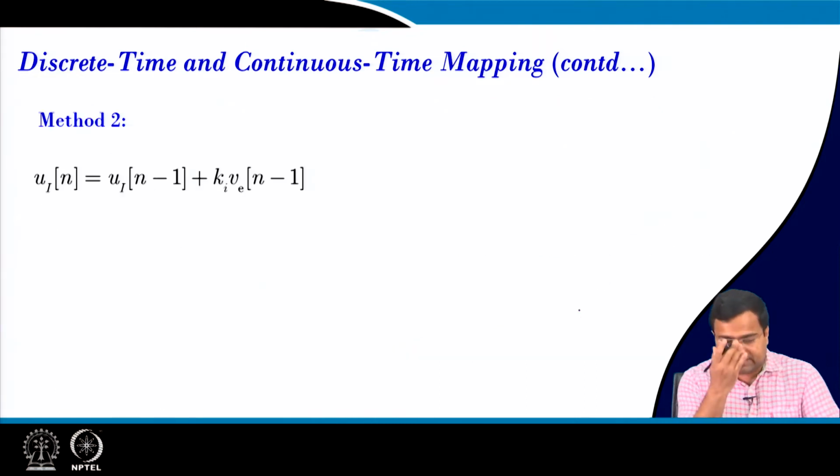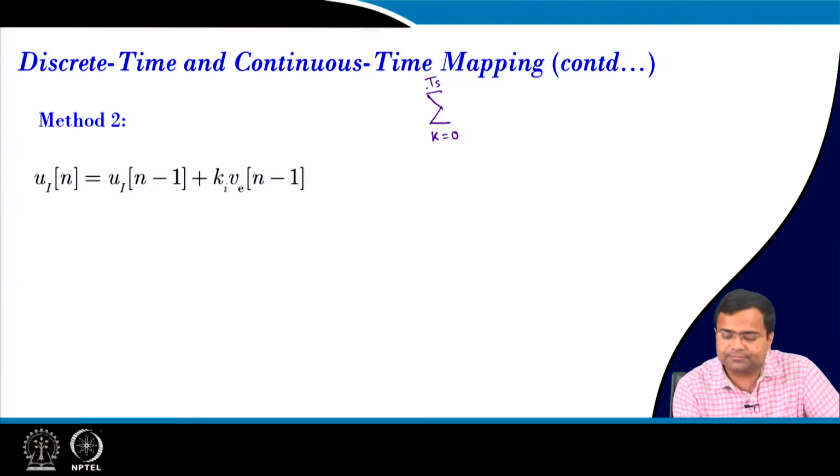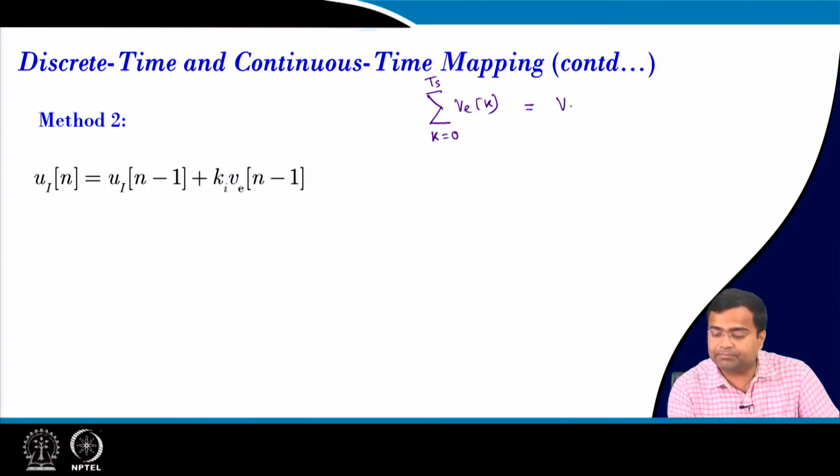Now, by the same method, if you go to forward difference, you see for the kth cycle, that means what is the forward difference method for k equal to, let us say, 0 to ts. What is this in forward difference? It will be simply V E 0, we know that, right?